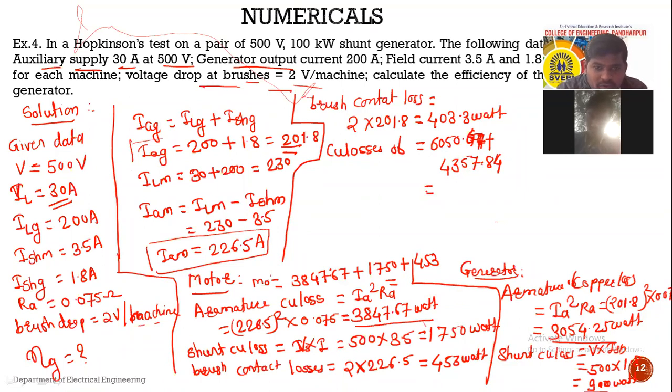Okay, so do the calculation of these two addition करा या दोन्हीची. 6050.67 plus 4357.84.